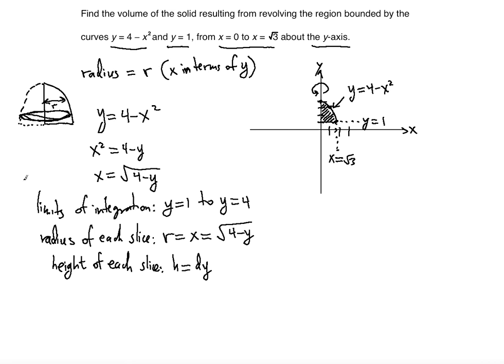I'm just going to indicate it like that. So you can see it's a cylindrical slice. This height will be the delta y, and this will be the radius, which is the functional value, the square root of 4 minus y.